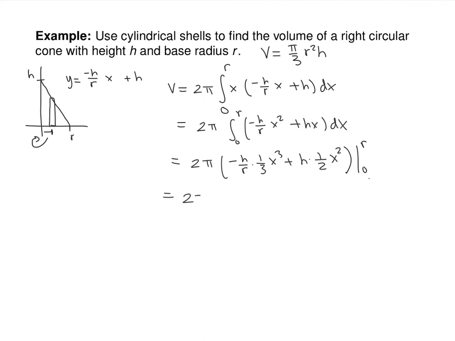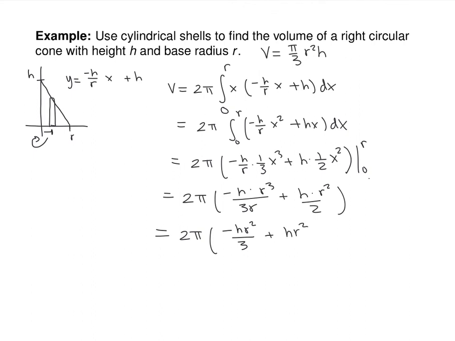So I have 2 pi, negative h times r cubed over 3r plus h times r squared over 2. Now plugging in 0 just gives us 0. That first term, what we really have is negative h r squared over 3, because one of the r's cancel, plus h r squared over 2.